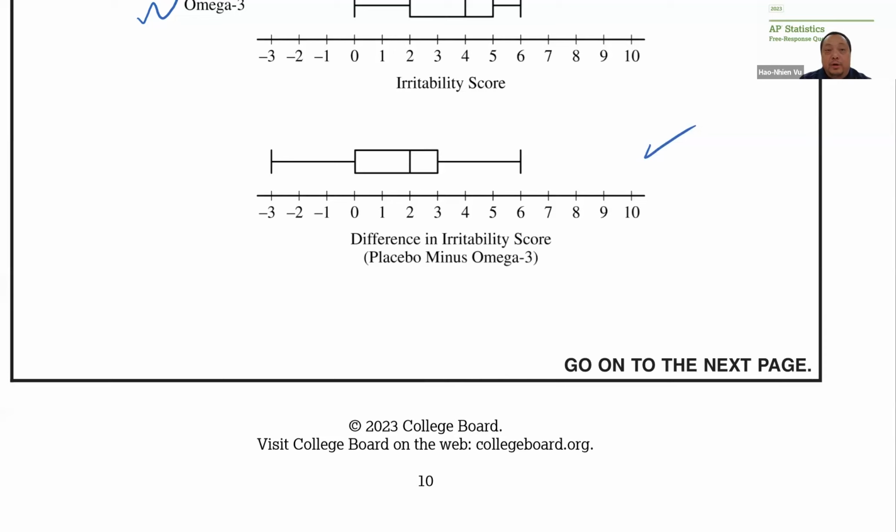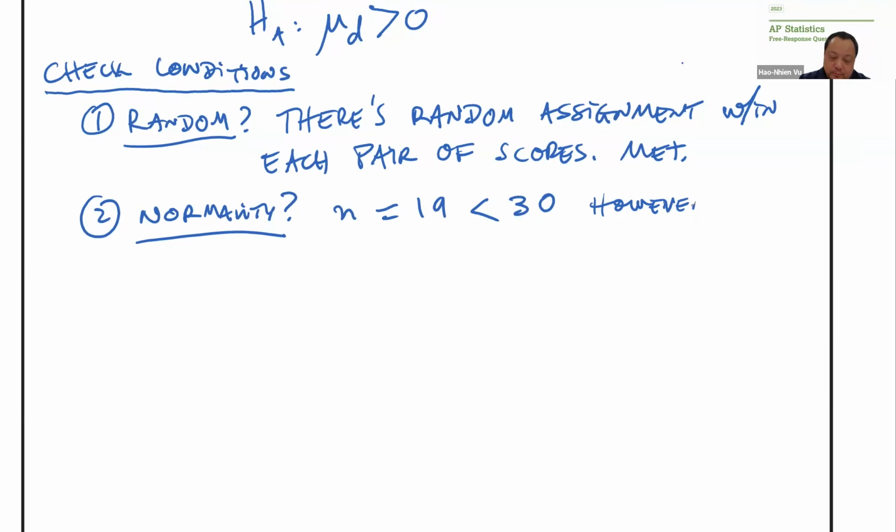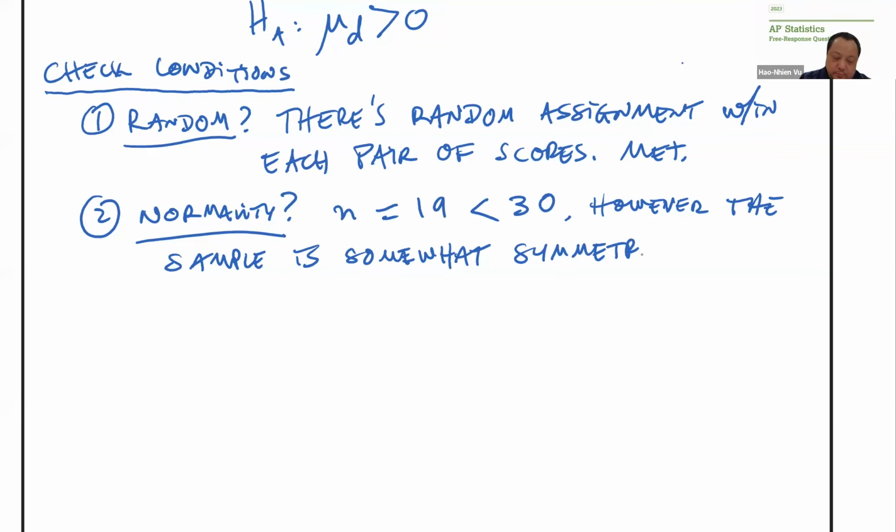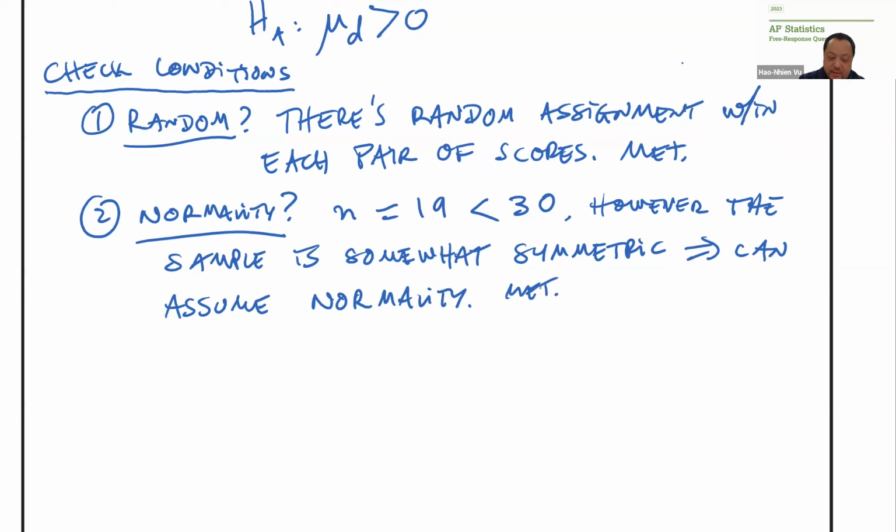And the place where you can look for it is in this box plot. It is kind of symmetric, kind of not, but close enough. This condition is met, and we can say that all conditions are met.